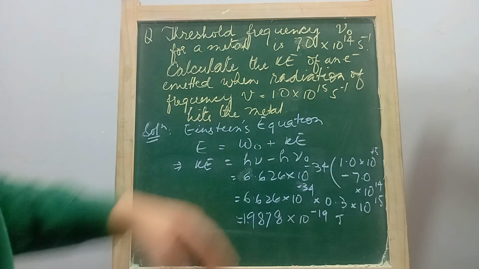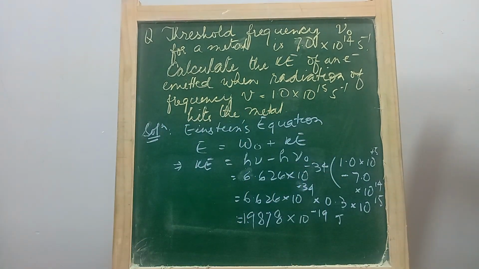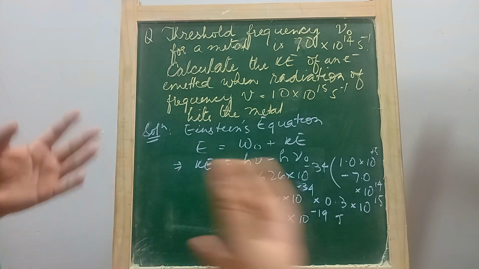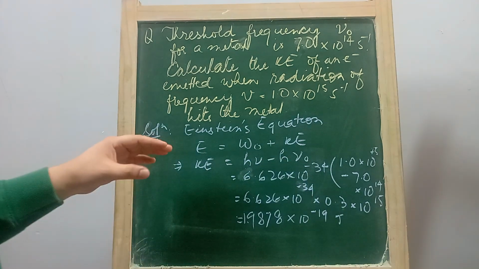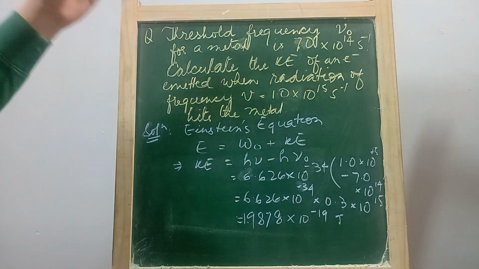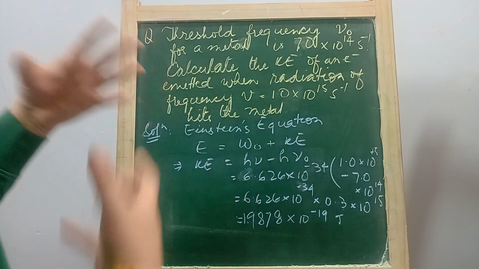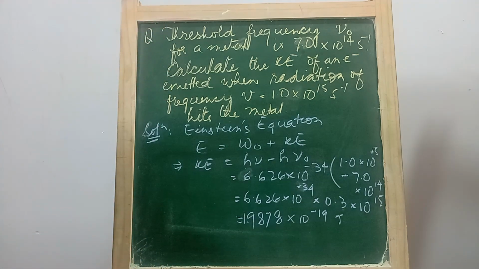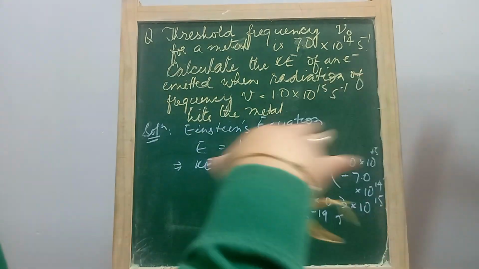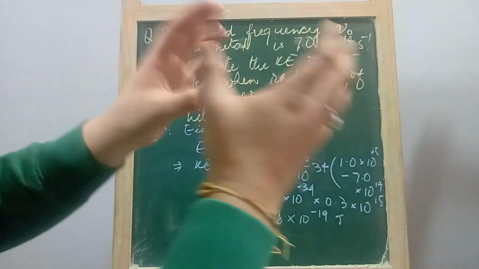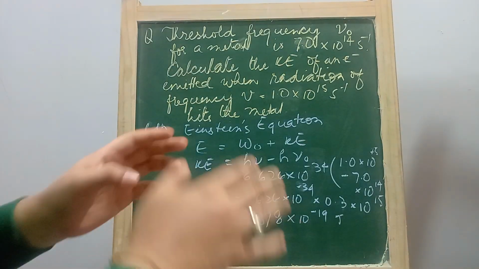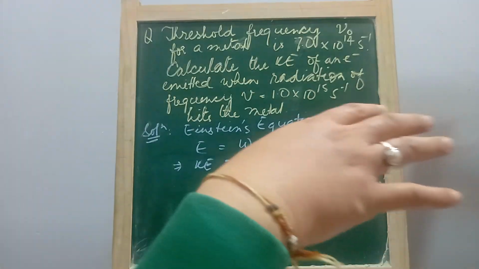According to Einstein's equation, which explains the photoelectric effect, because of which he got the Nobel Prize in Physics, when a body with electric charge accelerates, it radiates electromagnetic radiation, which comes in the form of packets, that means in the form of quantum.